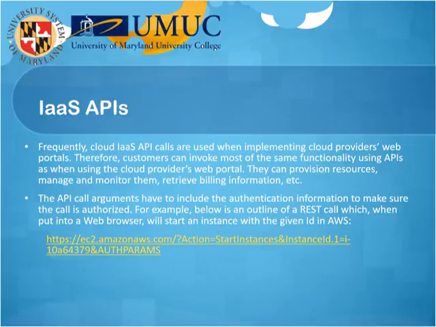The API call arguments have to include the authentication information to make sure the call is authorized. Below, you see an outline of a REST call, which when put into a web browser will start an instance with the given ID in Amazon Web Services, and you see the authentication parameters at the end, and their exact form depend on the vendor.